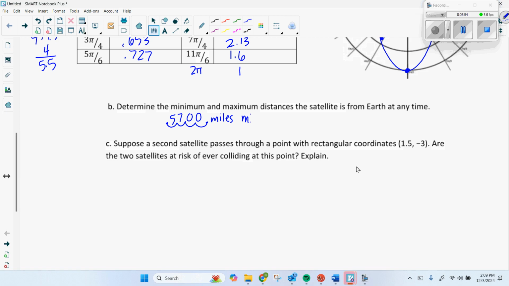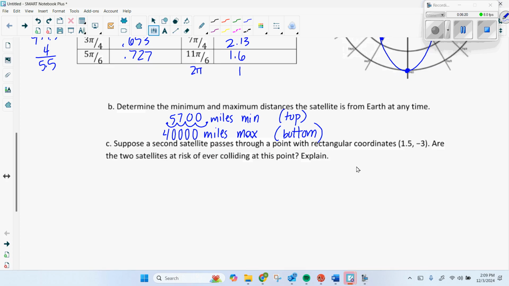So the minimum is 5,700 miles. That's at the top of the oval. And then the maximum is when it's at 4, but again, it's in tens of thousands of miles. So that means it's 40,000 miles, and that's the max, which happens to be at the bottom of our oval in this case.